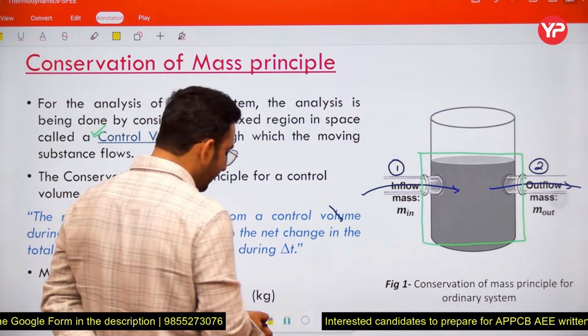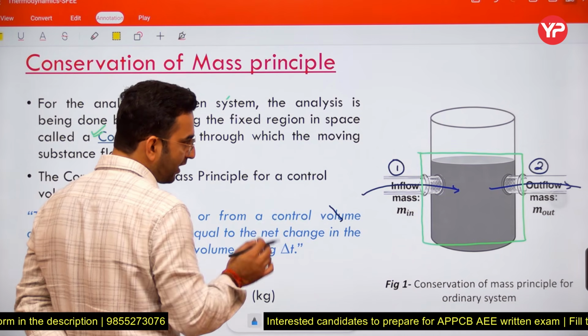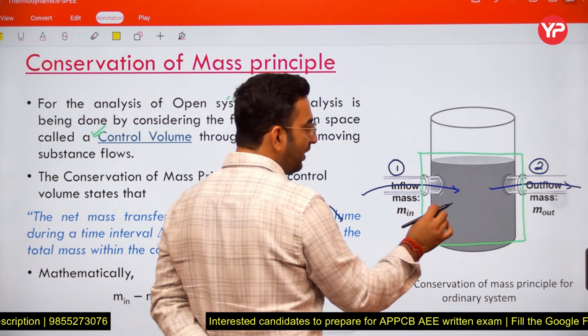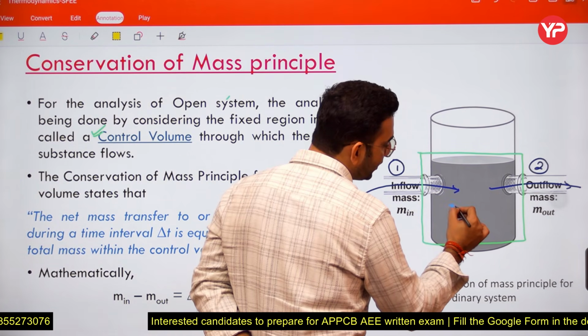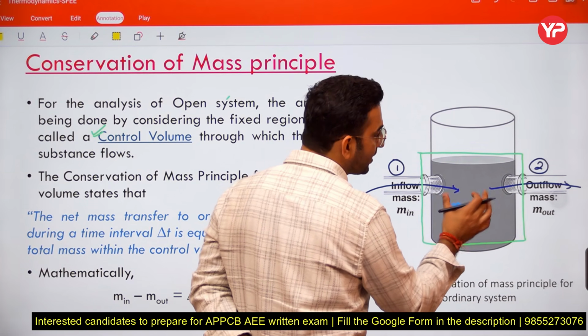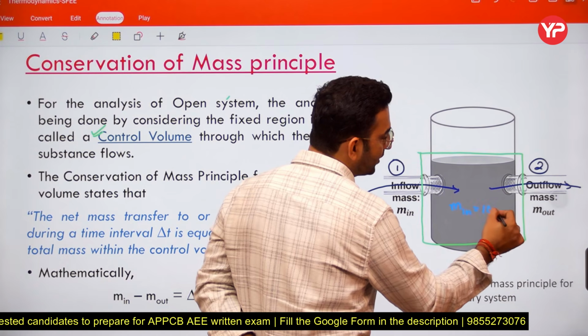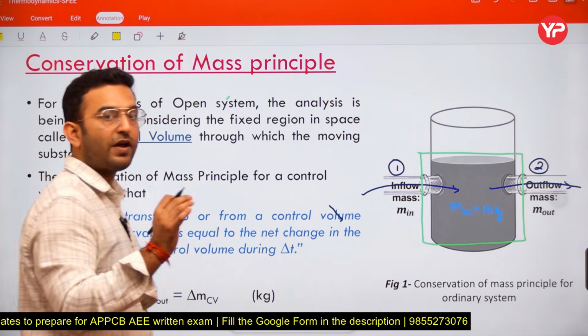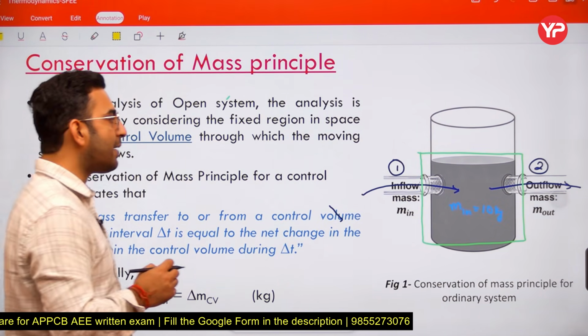Just try to understand it with numerical values here. For example, let us say initially we have a mass inside the container of 10 kg. Now what is happening?